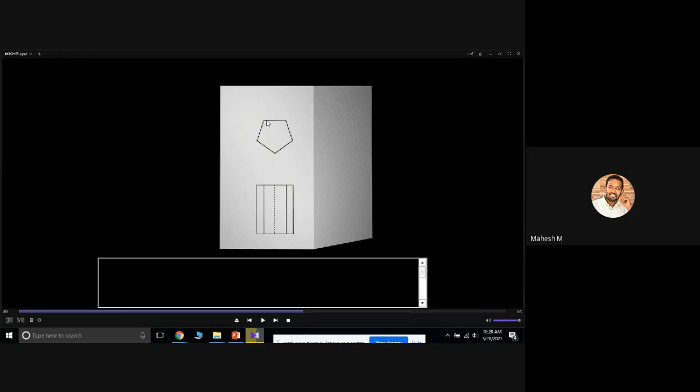One is for this corner, another is for this corner, and the third line is for this particular corner. Looking from the top view direction, you can see these 4 corners, right? You can't see this 5th corner. So you have to draw this center line as a dotted line. The middle line is dotted because you can't see this 5th point. That is the condition for this problem.